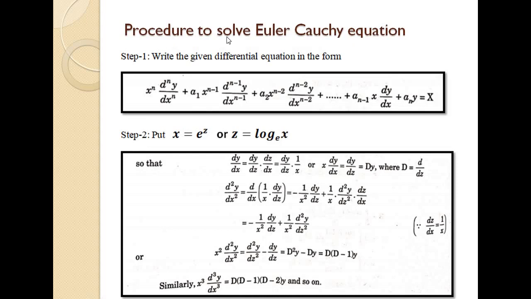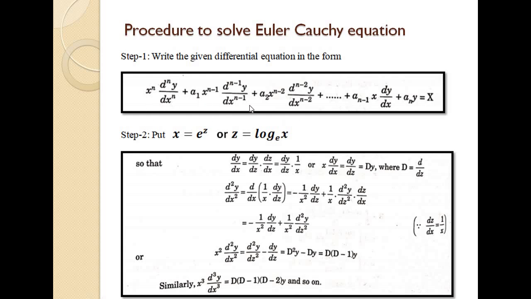Now let us learn the procedure to solve Euler Cauchy equation. Step 1: write the given differential equation in the form x^n d^n y/dx^n + a1 x^(n-1) d^(n-1)y/dx^(n-1) + a2 x^(n-2) d^(n-2)y/dx^(n-2) + and so on + a_(n-1) x dy/dx + a_n y = X. So your first step is to compare your given differential equation with this equation.